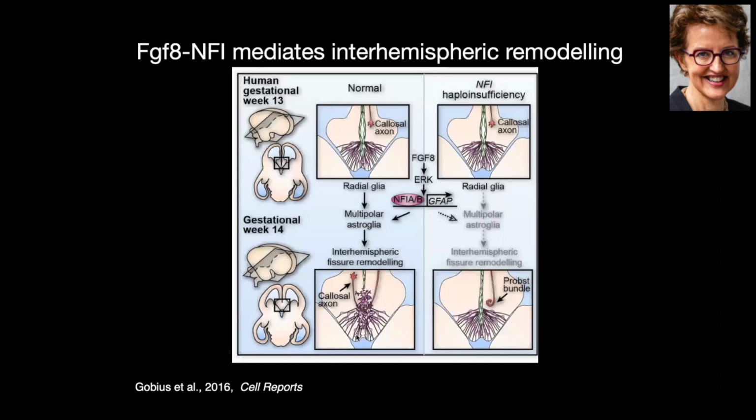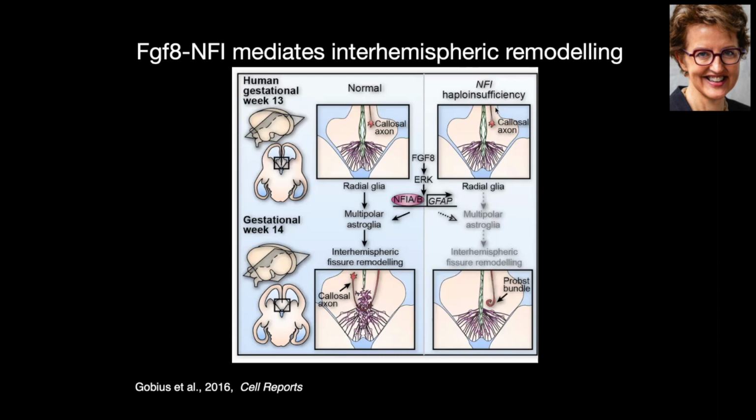So just to summarize this section, what I've shown you is that complete agenesis of the corpus callosum comes about through defects in the formation of this fusion event, in this interhemispheric remodelling event, and that when this fails to occur, so normally, I'll just go through that, normally callosal axons arrive at the midline, and then they cross only over this area that's remodeled.